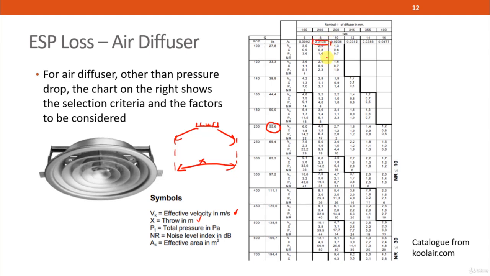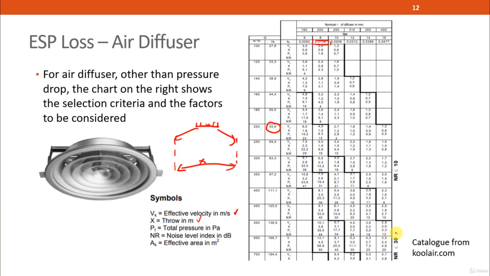As you can see on the noise level, let's say we have this amount of air that needs to come out from this particular diffuser. You can choose a 160 mm diameter diffuser, but it will be slightly noisier.